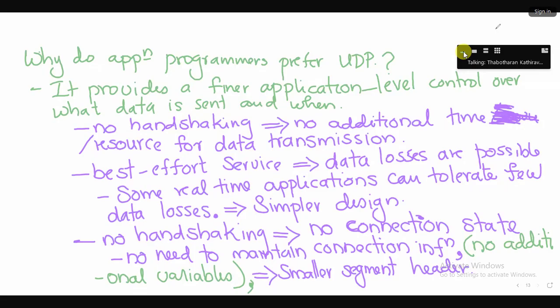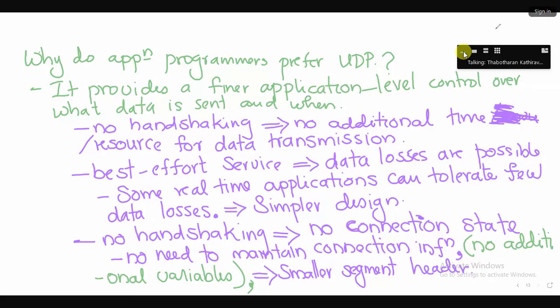So these are some of the reasons why an application programmer might choose the UDP protocol, which is best effort, does not provide any guarantees or a reliable service, can lose packets, and has all these drawbacks.